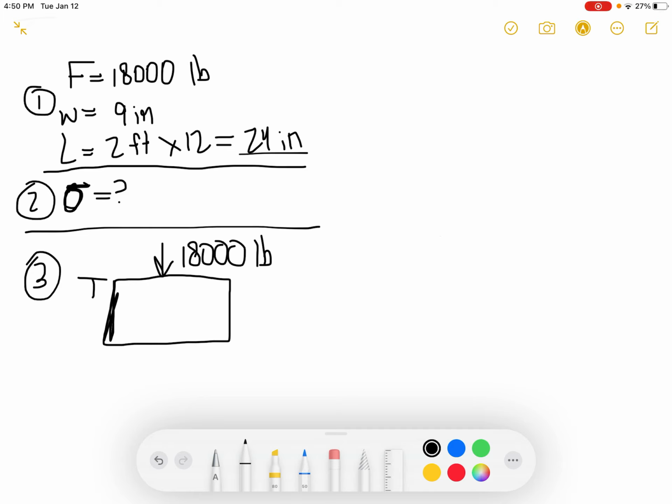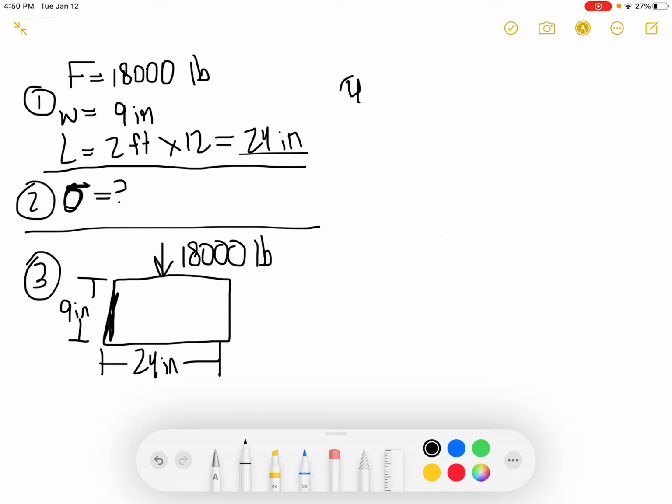Then we have a width of 9 inches, and then we have a length of 24 inches. So we drew it. That makes it simpler for us to understand what it's talking about. So how this relates to this unit: how much force can this thing take before it cracks?